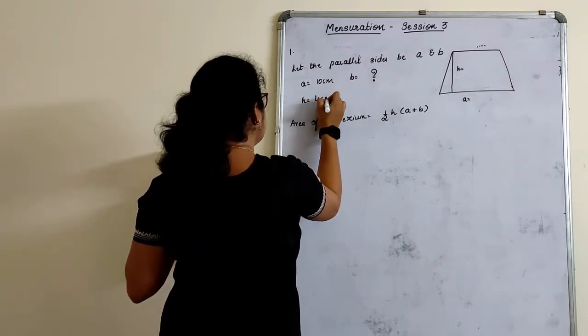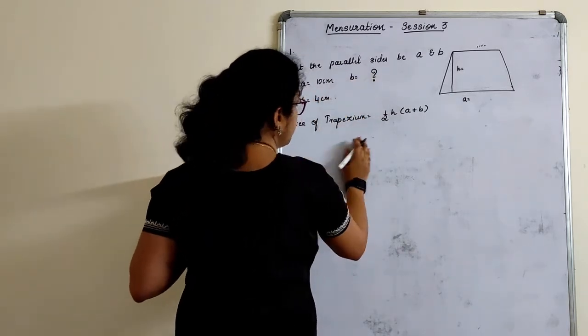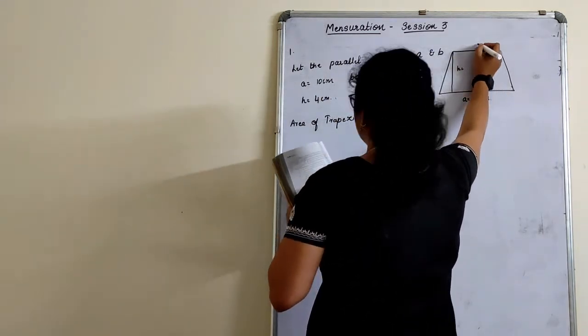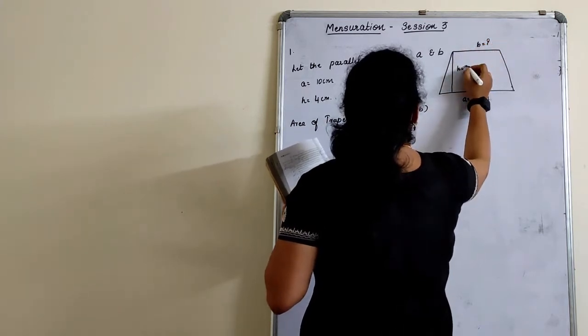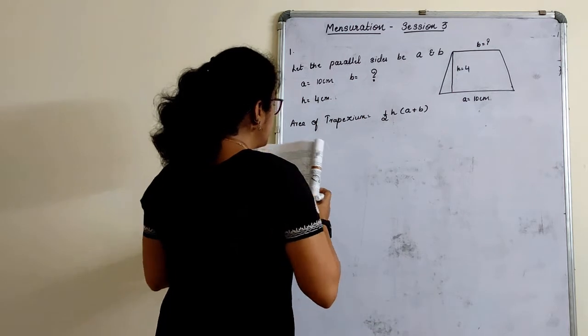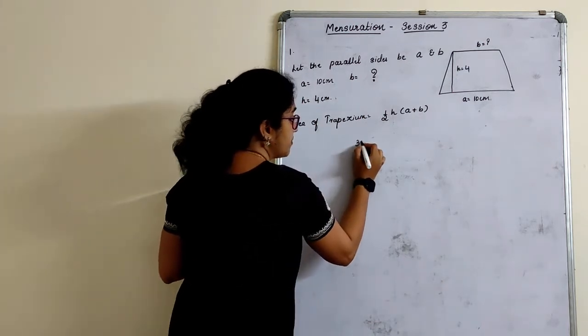Height is 4 centimeter and area is given. This is the formula. I'll consider A as 10 centimeter, where B I have to find out, and height is 4 centimeter. Area of trapezium is given as 34 centimeters square.